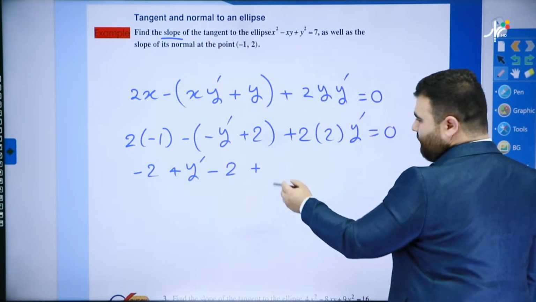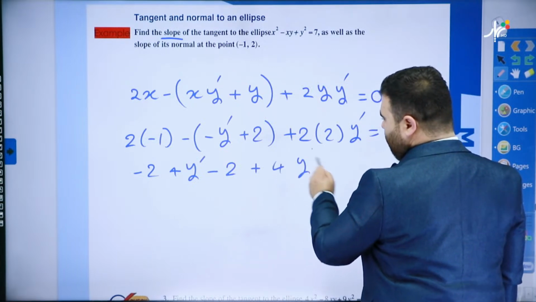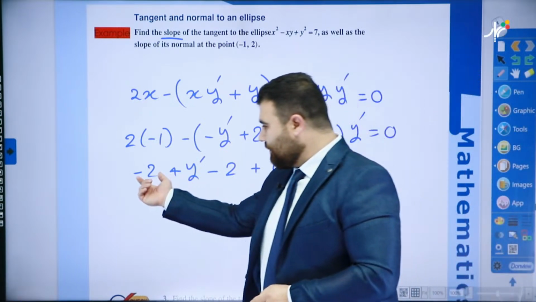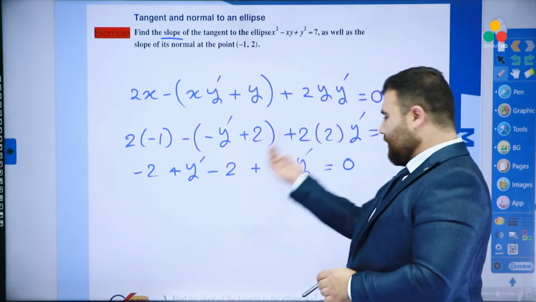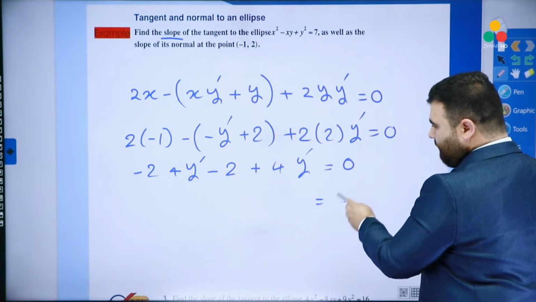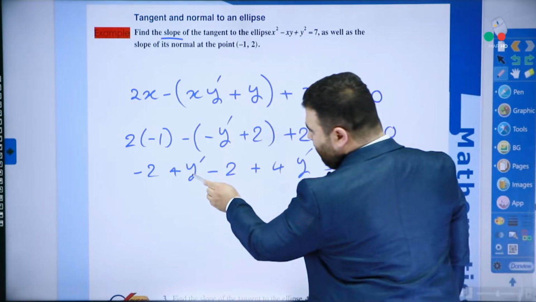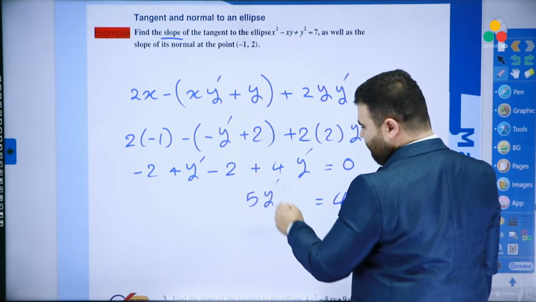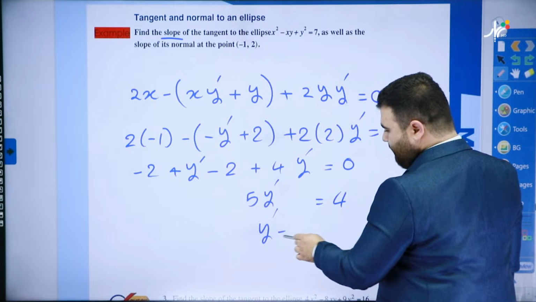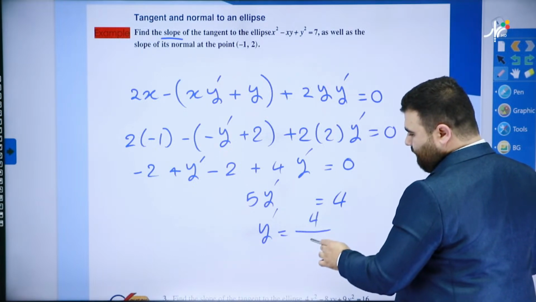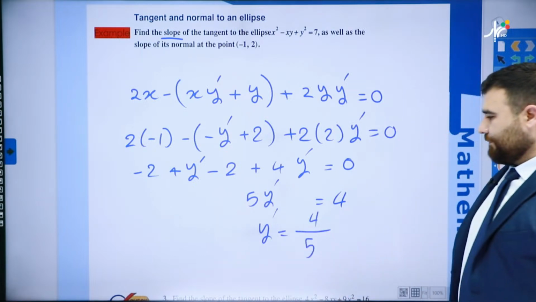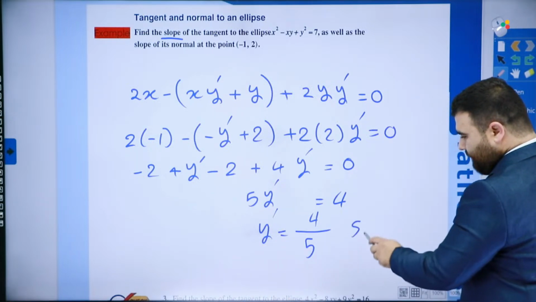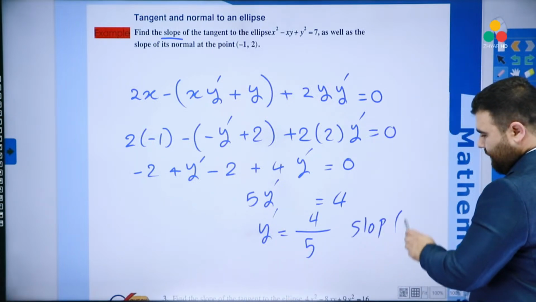Plus 2 times 2, 4 y prime equals 0. Now, negative 2 and negative 2 is negative 4. It goes to the other side and becomes positive 4. y prime plus 4y prime is 5y prime. So y prime, which is the slope, is equal to 4 over 5. This is the slope of the tangent.